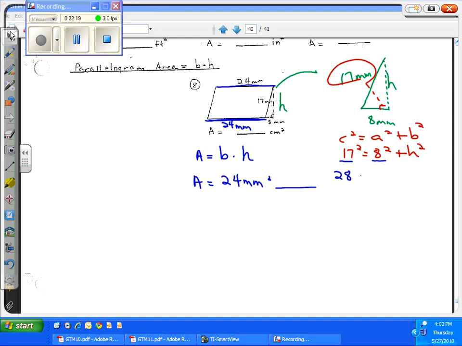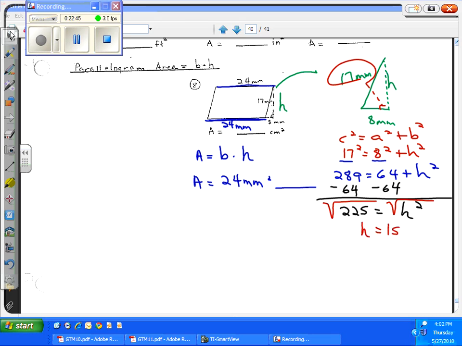So we're going to have 289 is equal to 64 plus h squared. And now we're going to undo. We're going to subtract 64. We'll get 225 is equal to h squared. We're going to get rid of the square with the square root. And so we get the height is 15 millimeters.